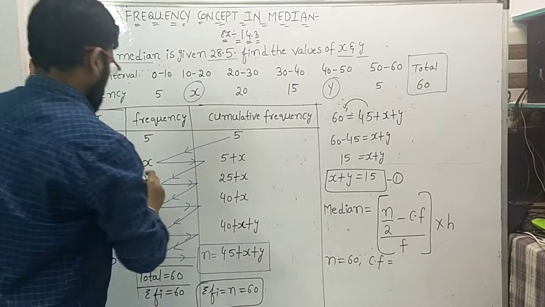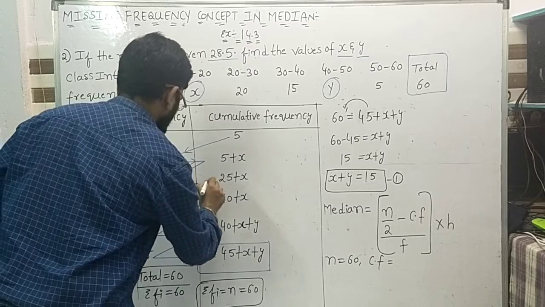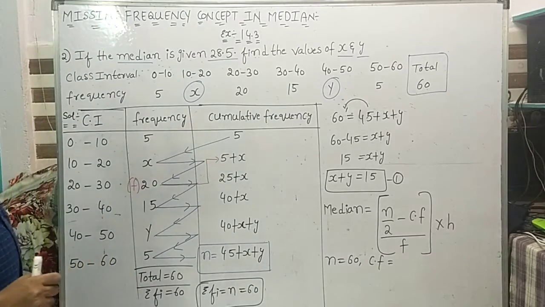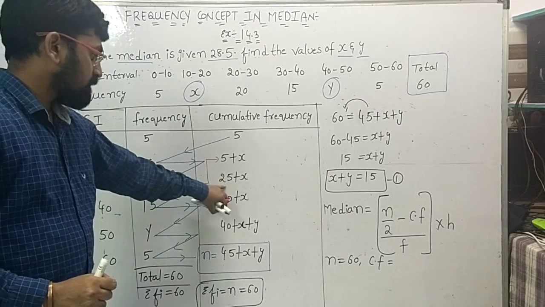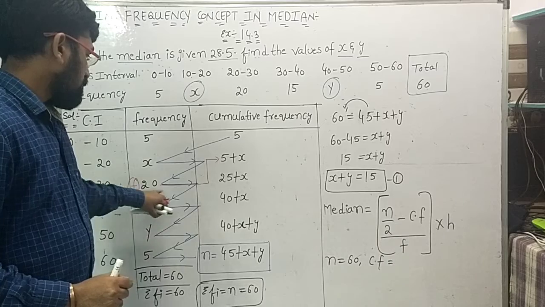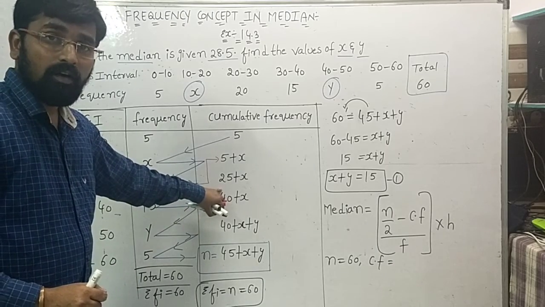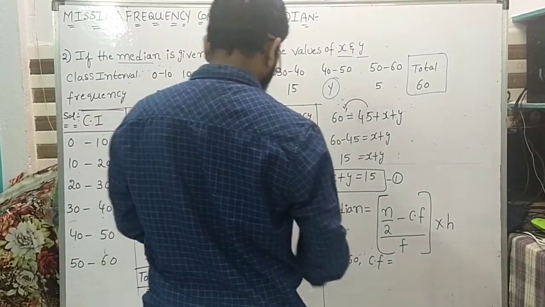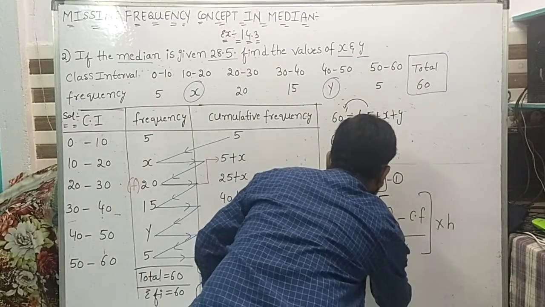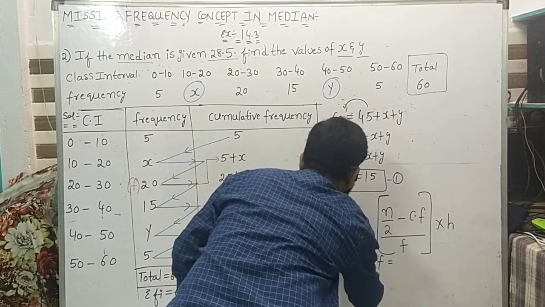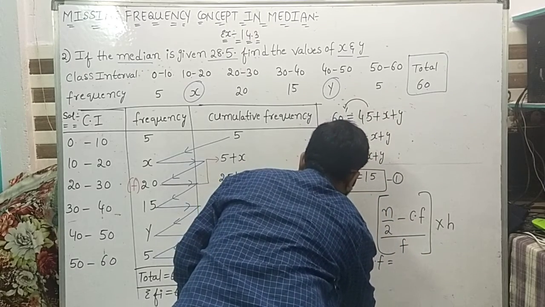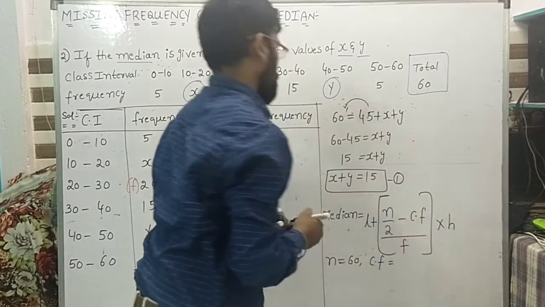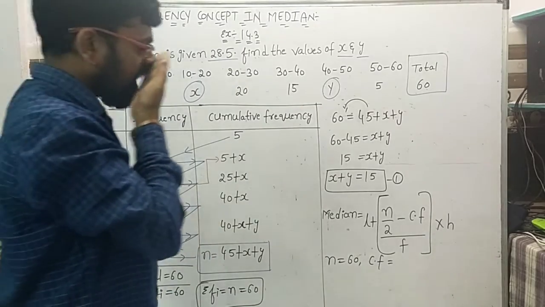The class just above the highest frequency, not opposite to it, above it, is called the one we need. Sorry, the formula is median equals L plus n by 2 minus CF by F into h.